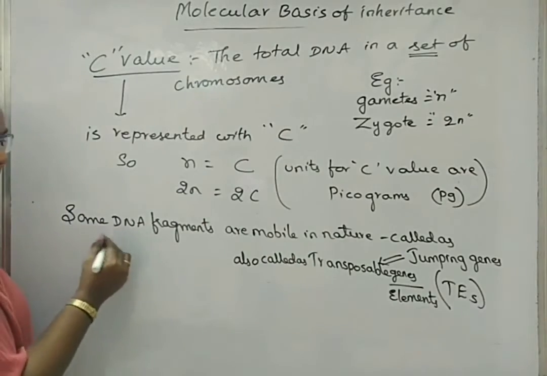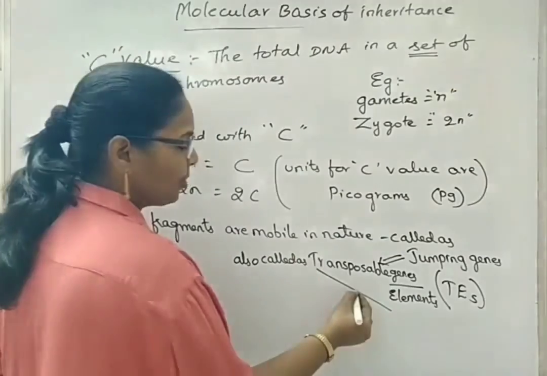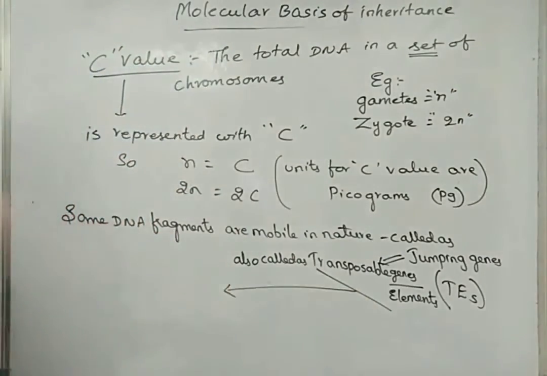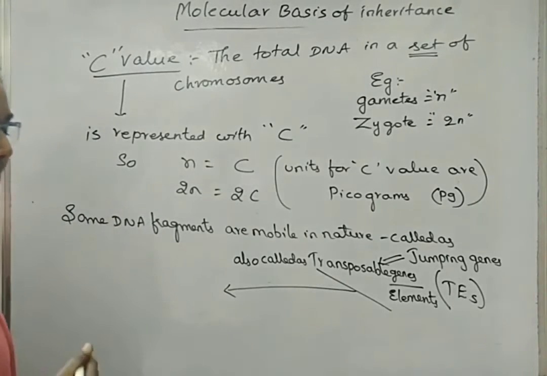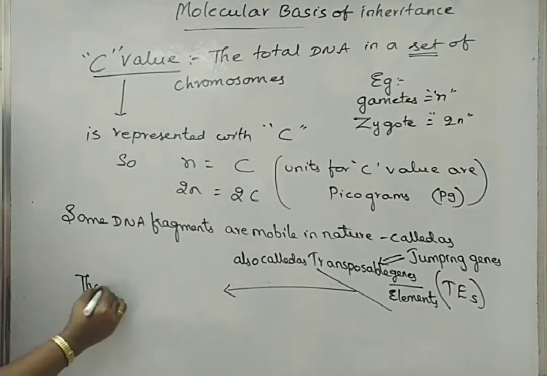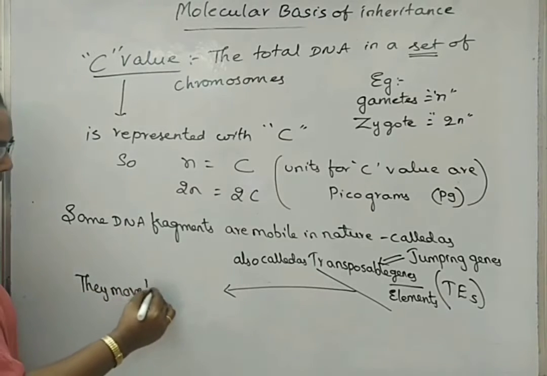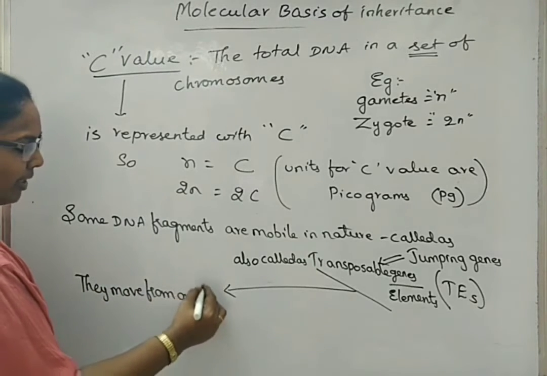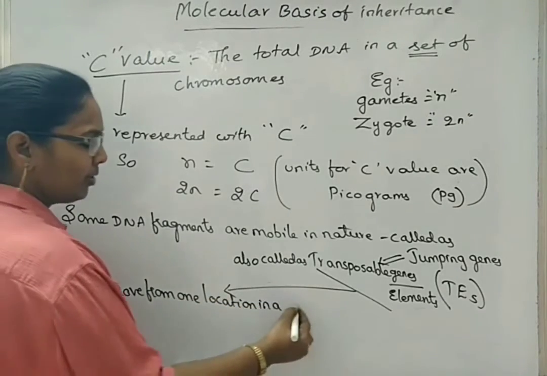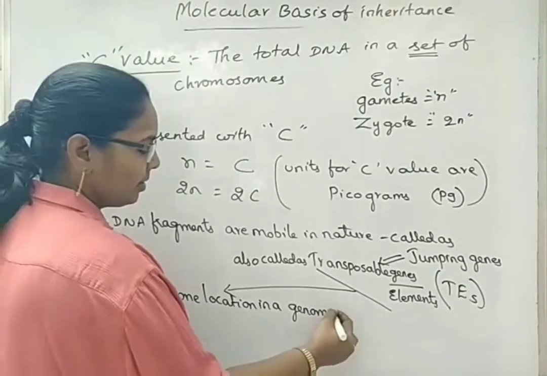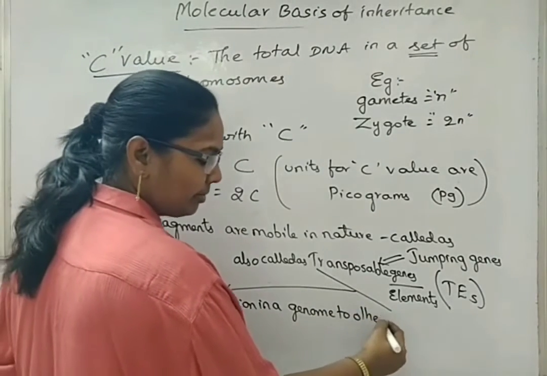These jumping genes or transposable elements move from one location of the genome to another location. They move from one location in a genome to another location.